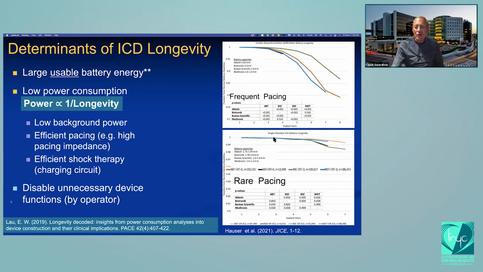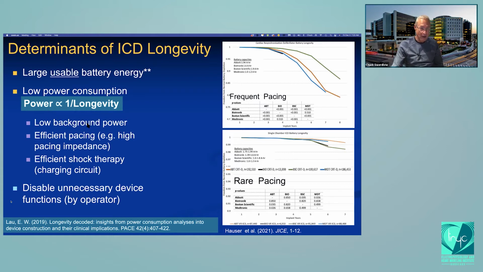If you do almost no pacing, then other things come into effect, because what's consuming your power is the background operation of the system, and then it gets into your circuit efficiency. Longevity then, if you don't do a lot of pacing, is always proportional to the inverse of your power consumption.